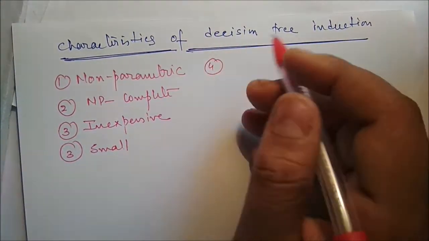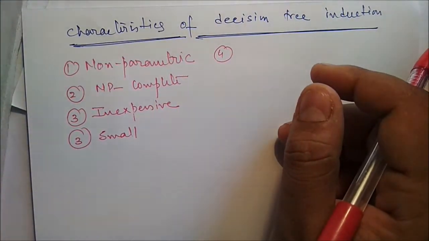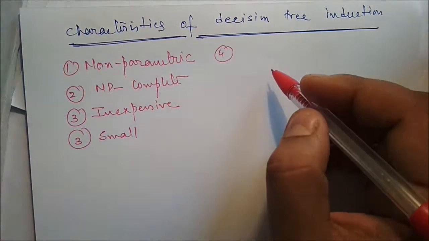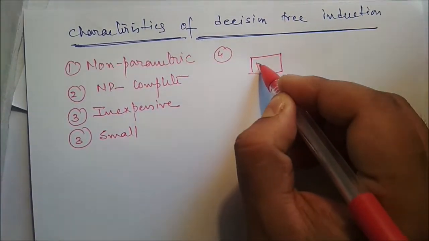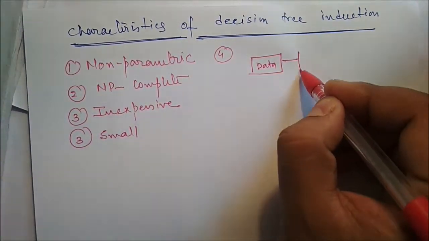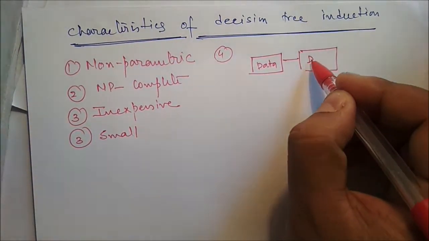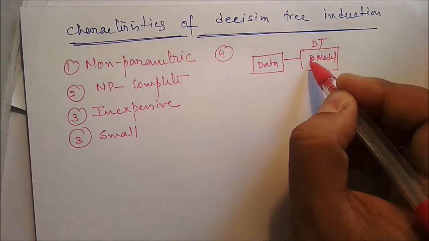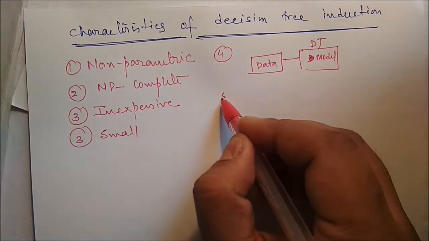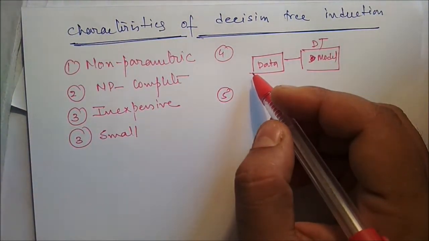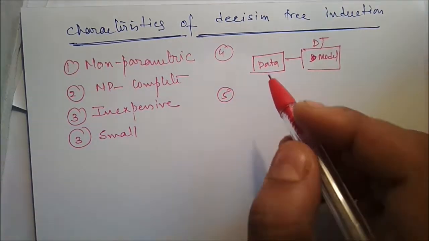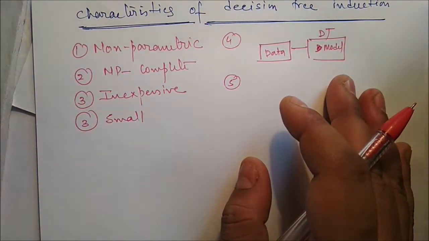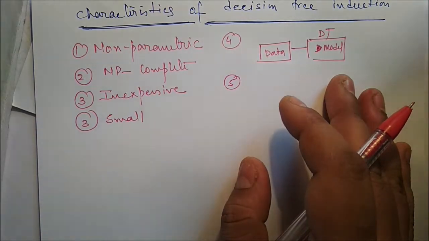Next, decision tree algorithms are robust to the presence of outliers. That means if outliers are there in the data, the decision tree can still create the model and predict the class level for the unknown data. So it is very robust. And finally, feature selection techniques can be used to construct the tree and to reduce the size of the tree.